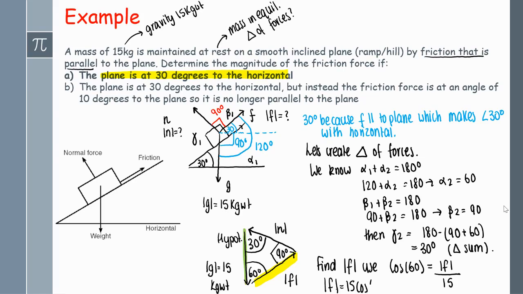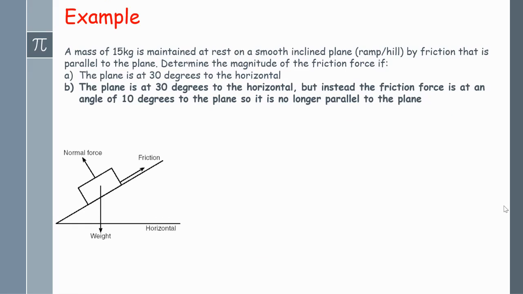In this way, we get that the magnitude of our friction force is 15 cos 60 kgWt. And we know that cos 60 from our identity triangles is equal to a half. So we'll get that the force is 7.5 kgWt in strength.